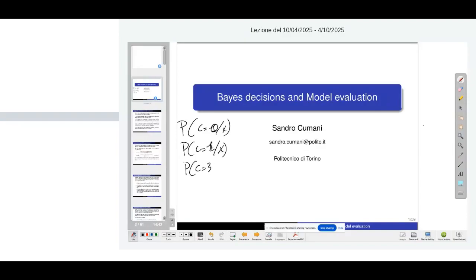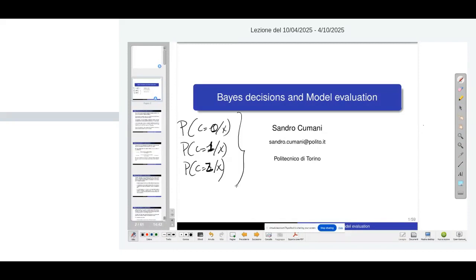We would compute the posterior probability of the 3 classes, and then assign the sample to the class that has the highest posterior probability. And then we said we would measure how good our decisions are, because we have multiple samples, by computing the accuracy over an evaluation set.